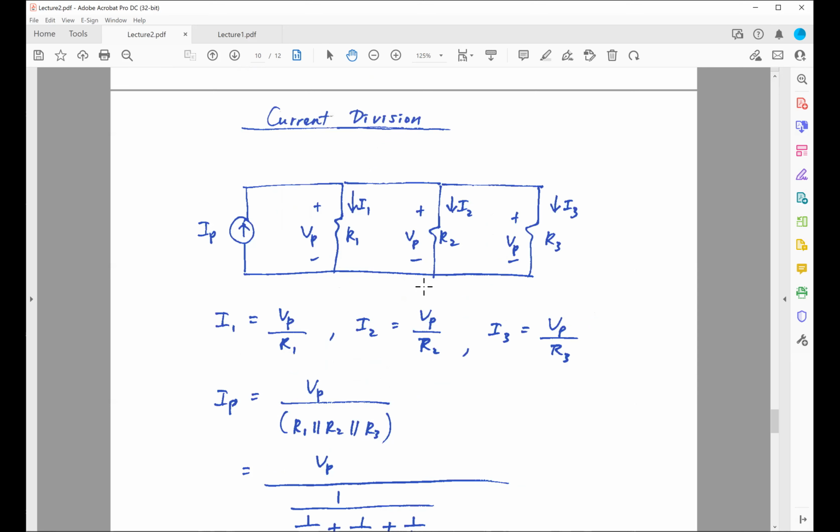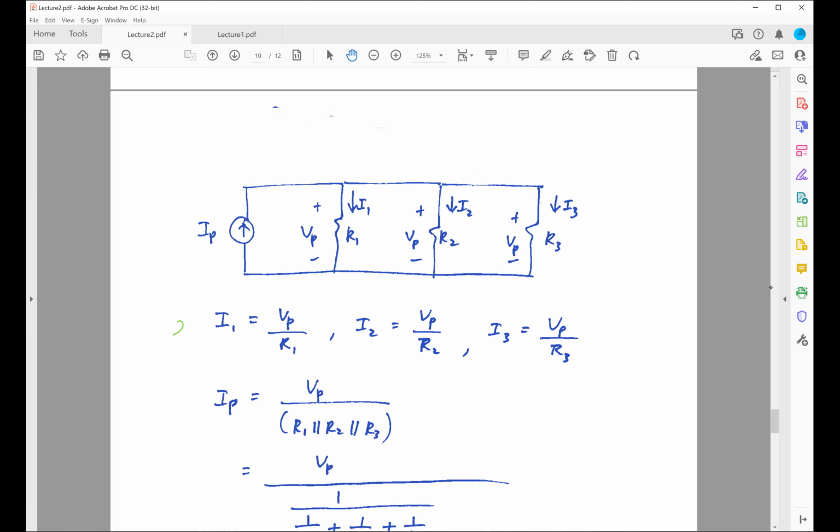Starting with the derivation. I'm taking the same circuit from before. I have current source IP in parallel with R1, R2, and R3. This is a node that is shared by these 4 points, or this part of the branch. This is another node which is shared by all these different terminals associated with each element.